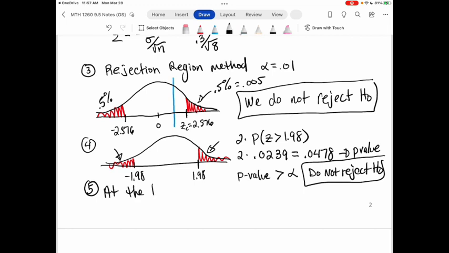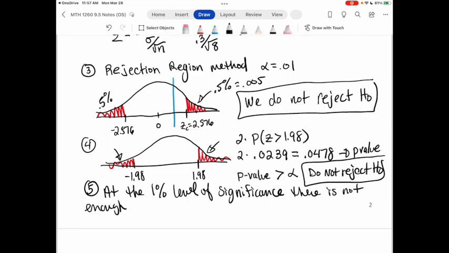Okay, last step, we're going to make our conclusion. We're going to say at the 1% level of significance, there is not enough evidence to conclude.